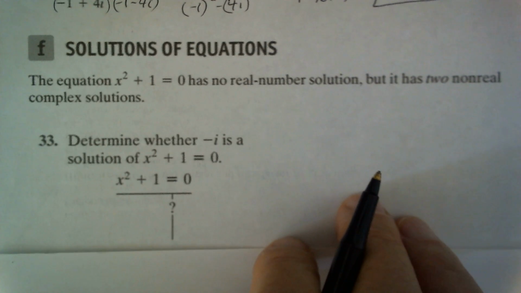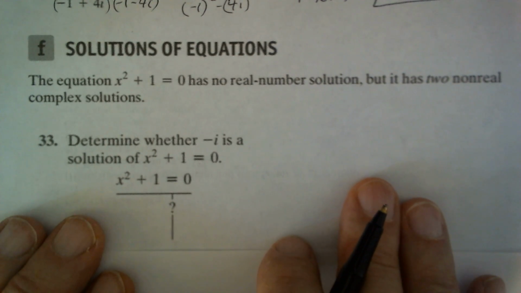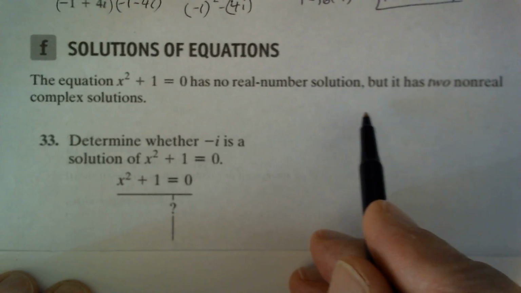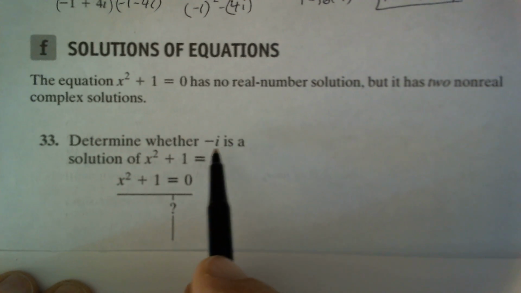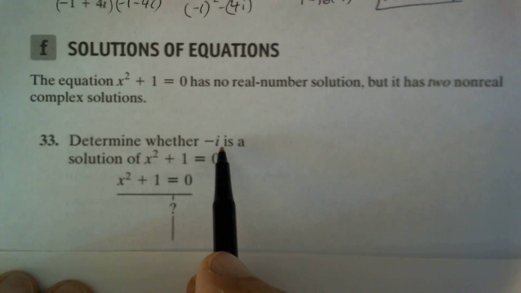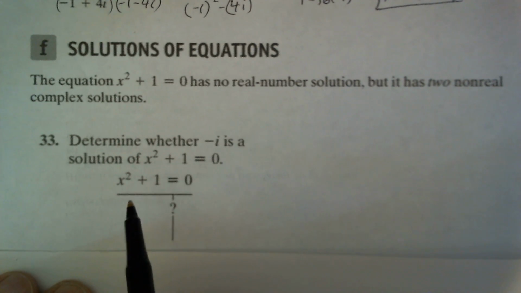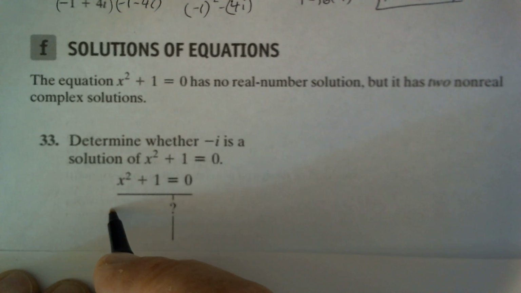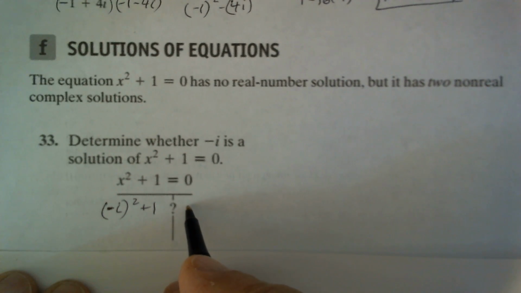Next, we look at the solutions of equations. And so the question is, the equation x squared plus 1 equals 0 has no real number solutions, but it has two non-real complex solutions. Determine whether minus i is a solution of x squared plus 1 equals 0. So when we replace x with minus i, we have minus i squared plus 1, is that equal to 0?